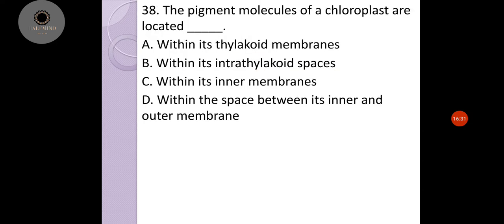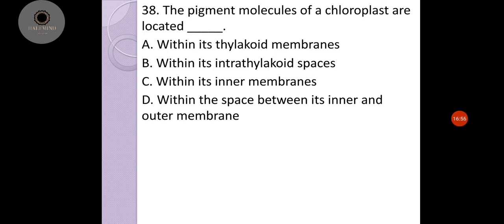38. The pigment molecules of a chloroplast are located. Is it A, within its thylakoid membranes, B, within its intrathylakoid spaces, C, within its inner membranes, D, within the space between its inner and outer membranes? So the pigments, guys, are located within its thylakoid membranes.